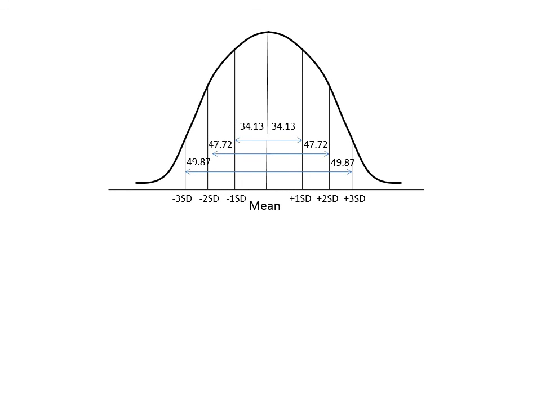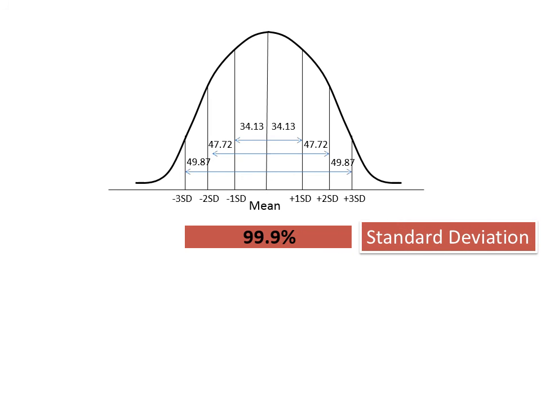Now this is a typical normal curve. Here we had seen 99.9% of the cases. This distribution with the help of 3SD above the mean and 3SD below the mean, 99.9% of the cases are covered above and below the mean, both of them put together. This gives you the idea of standard deviation.